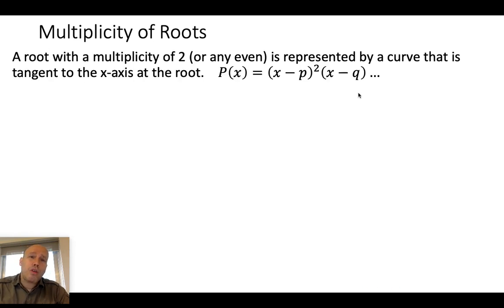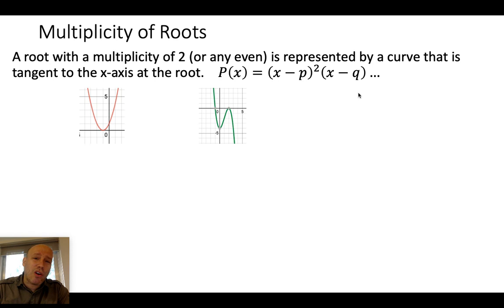A root with a multiplicity of 2, or any even, is represented by a curve that is tangent to the x-axis at the root. So the form is p of x equals x minus p squared times other roots, but let's just keep the multiplicity at 1 for the others. So a parabola with a repeated root is tangent to the x-axis.